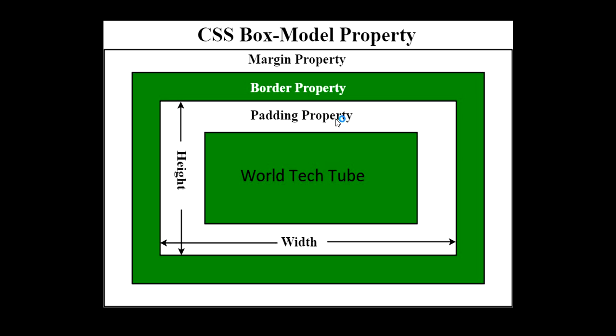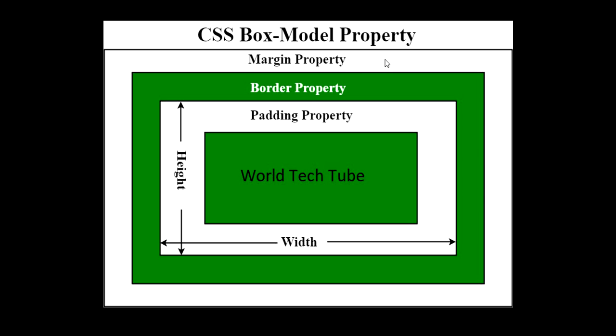And then after defining the padding, we have the elements, and that is coming after margin, and then border, then padding, and all these have the separate property for defining the margin and the border and the padding that is visible to the user on the layout.